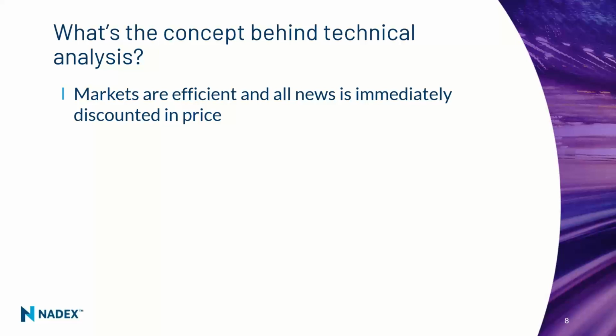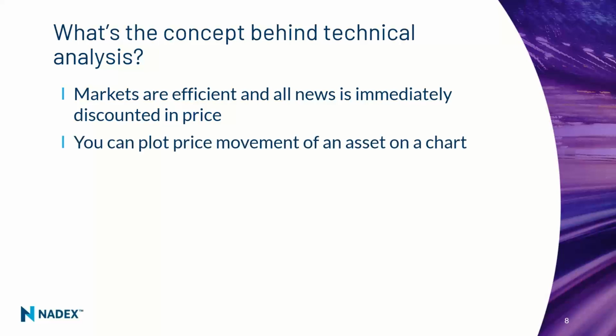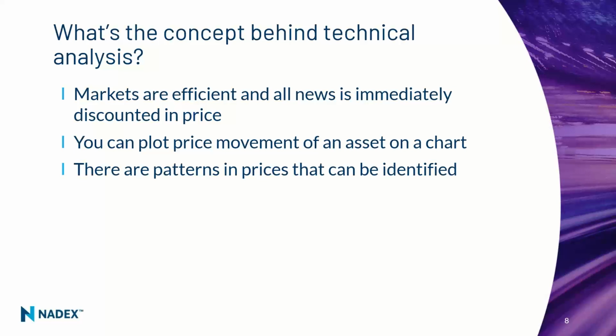The price of an asset is priced efficiently based upon all publicly available information, so that you could then take that piece of data, the price of an asset, and put it on a chart. If you put these price movements on a chart over time, you're looking at dots that are creating, here's the price of an asset. And over time, if you have enough of these, you're going to see patterns form in the marketplace.